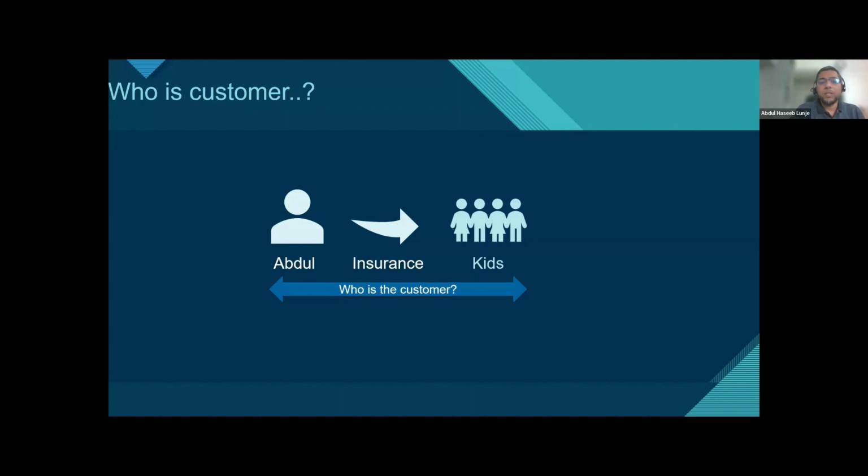Whenever Jeff Gothelf is speaking about the customer, please always consider that the person paying for that service is who the author is calling the customer. This is very important.